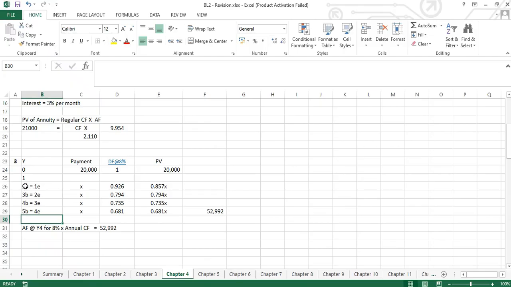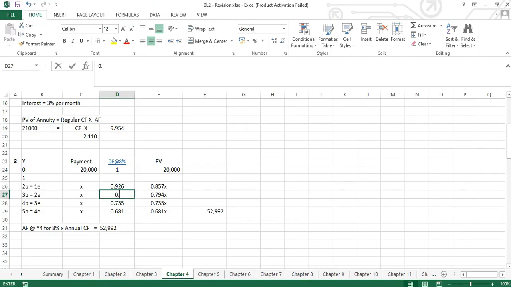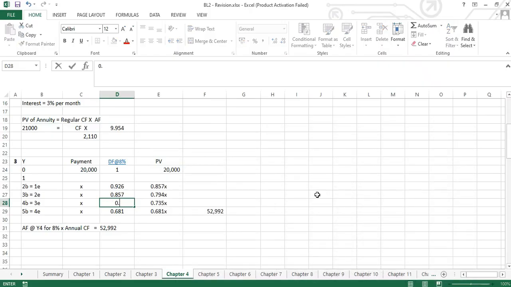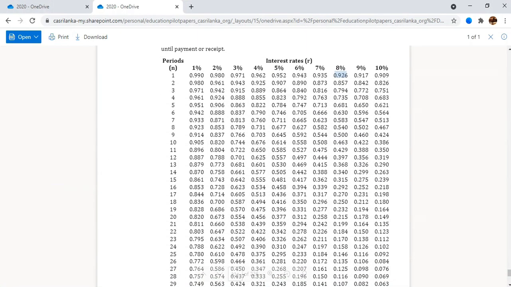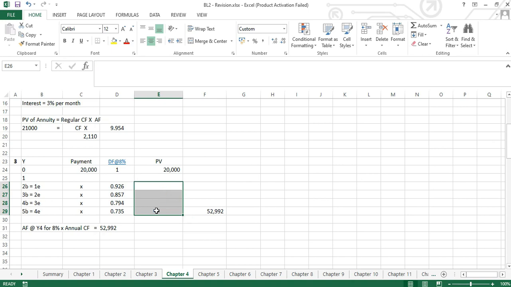As per the question it goes in second year beginning, but that's basically equal to the first year's end. So we should use the discount factor 0.926, the first year's one, then 0.857, second year's one. Third year 0.794, and fourth year it must be 0.735. So this should be your discount factors, right?